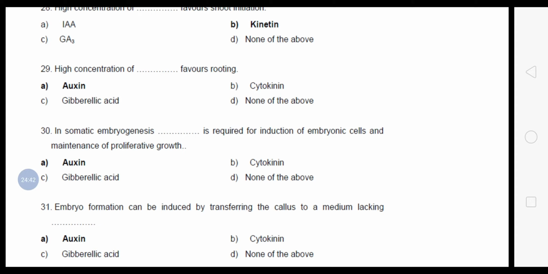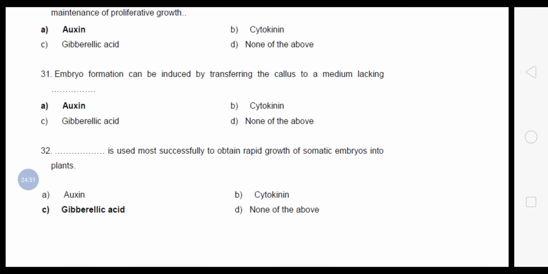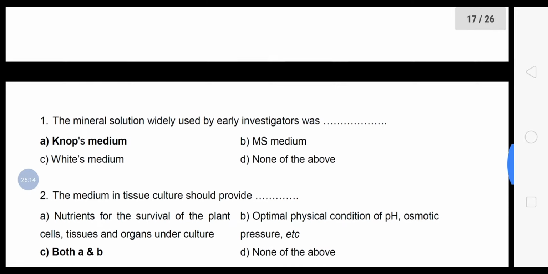Embryo formation can be induced by transferring the callus to a medium lacking auxin. Dash is used most successfully to obtain rapid growth of somatic embryos into plants: gibberellic acid.